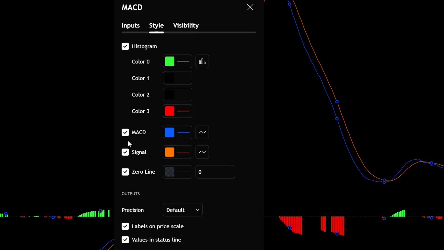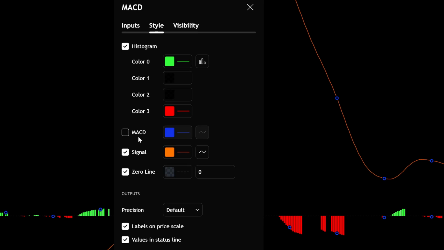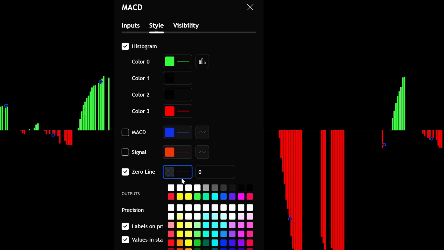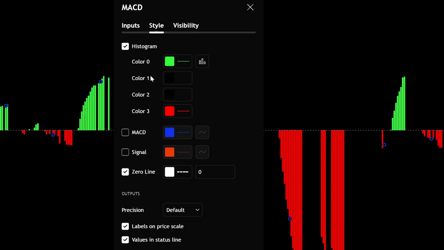To keep things simple, let's also disable the MACD and signal line. Finally, you can make the zero line a little more visible if you like. Alright, the MACD is looking good.